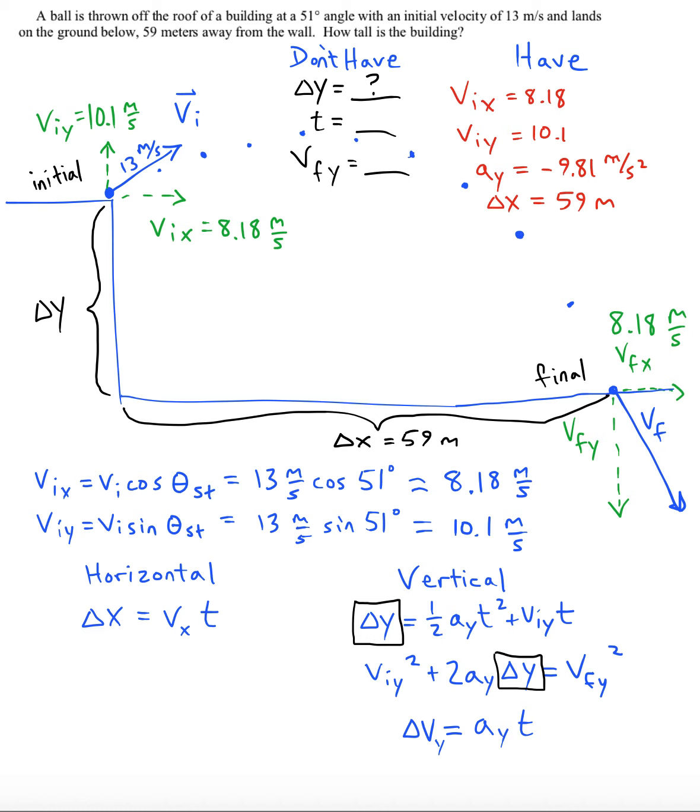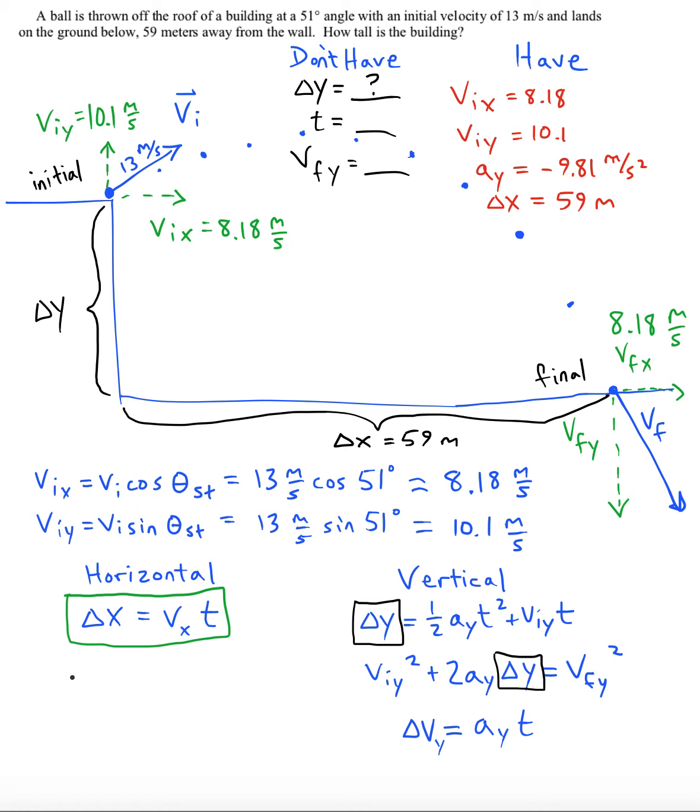We want to start where we have more information. We want to start with the horizontal dimension. So sometimes it takes just running into that roadblock to realize that, okay, we can't start the problem that way. We've got to approach it a different way. And the reason why the horizontal dimension is the one to look at first here is because we know the delta x.